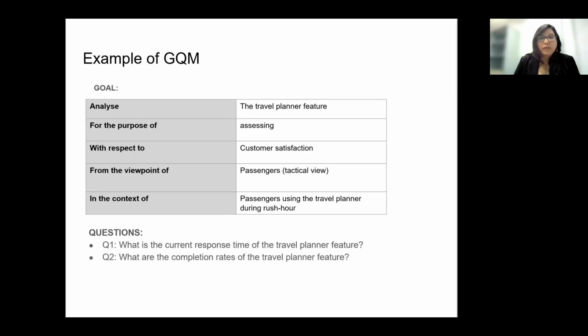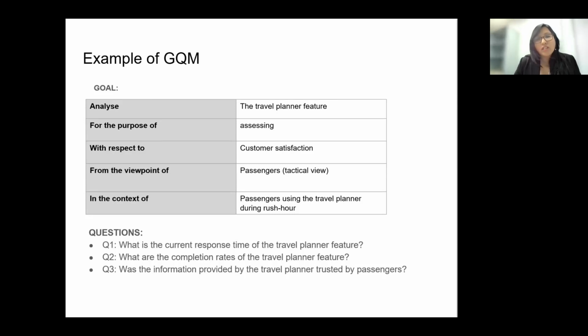And then we have other questions regarding the travel planner feature, but then, knowing also the definitions, what we understand by satisfaction, which is important in the definition of the attribute, we can start asking more specific questions regarding the attributes.